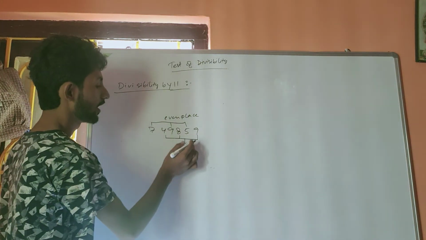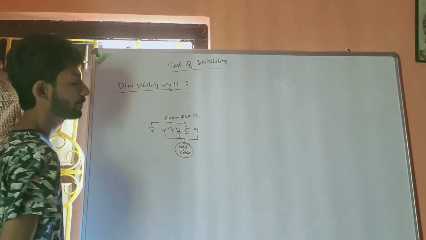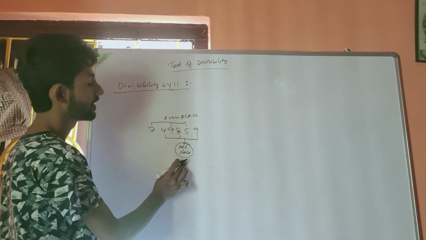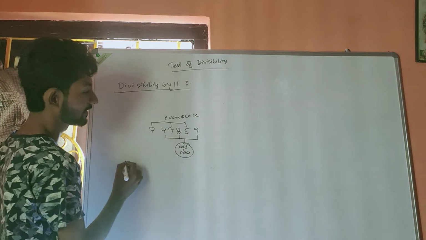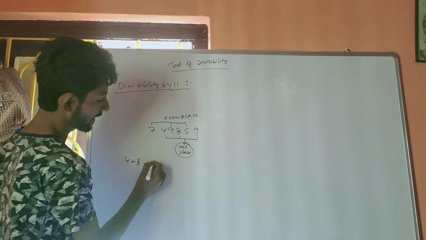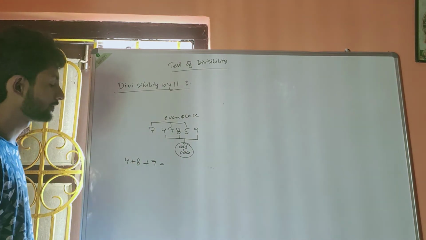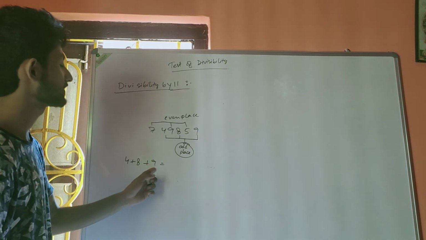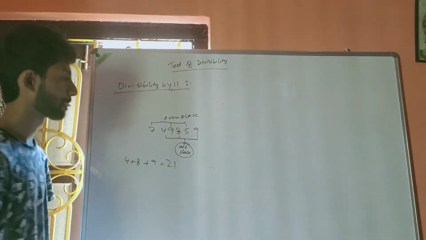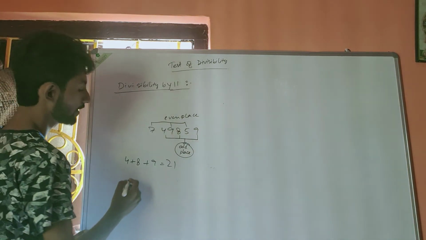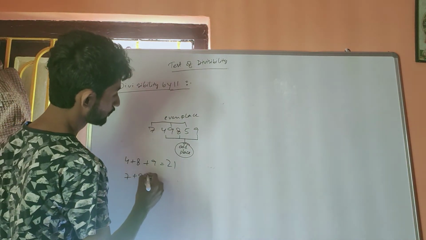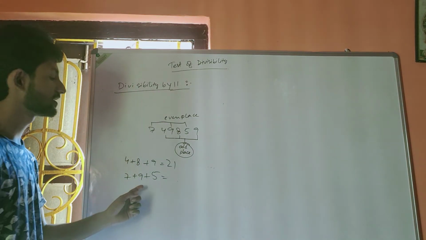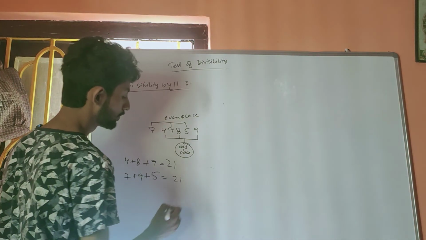Okay. So whatever the digits in odd place, just add them. So 4 plus 8 plus 9. 4 plus 8 is 12. 12 plus 9 is 21. And the even place, add them. 7 plus 9 is 16. 16 plus 5 is 21.